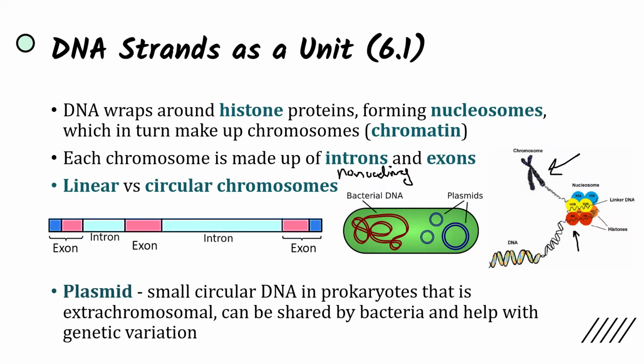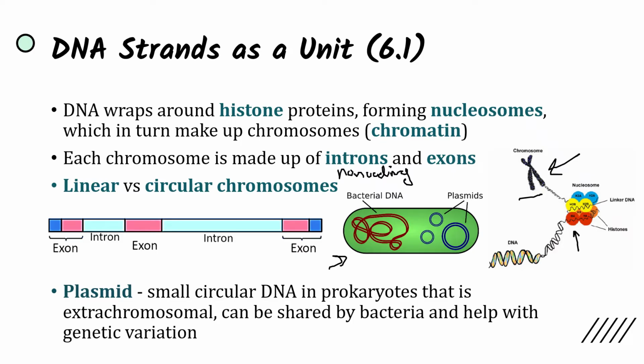And when we talk about the different types of chromosomes, there are linear and circular chromosomes. And eukaryotes and animals, humans, they have linear chromosomes, like you can see here. Whereas prokaryotes, such as bacteria, have a circular chromosome that is only 2 strands of DNA.